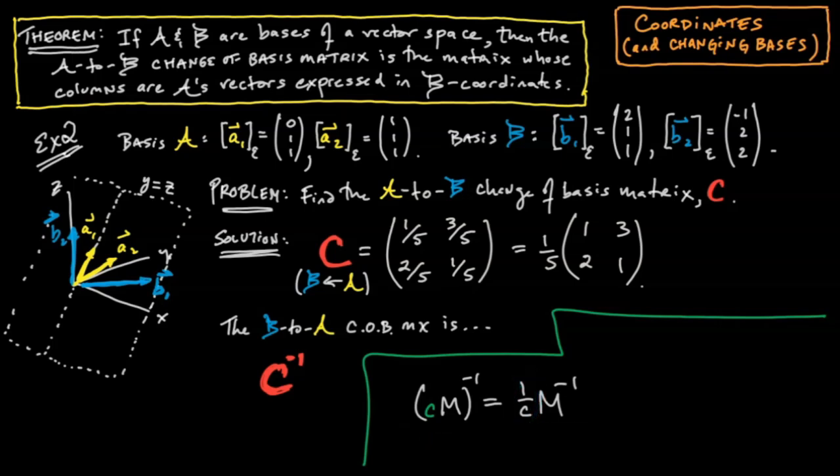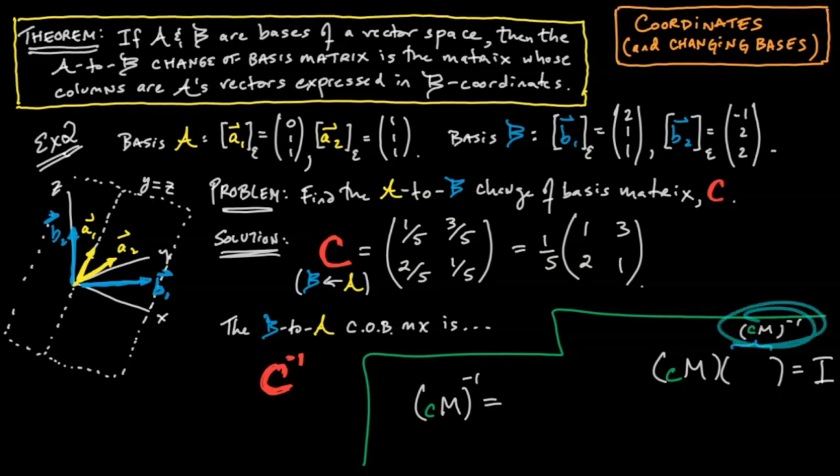So that's one way to think about it, but let's think about it algebraically too. We've got some matrix, C times M. We are trying to multiply it by something to get the identity matrix. That's what it would mean for this thing to be CM's inverse.